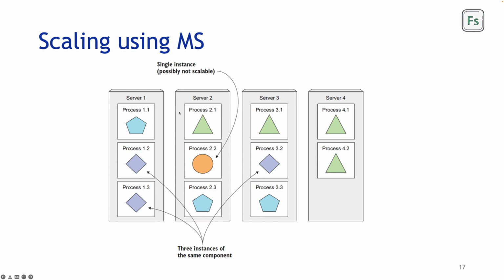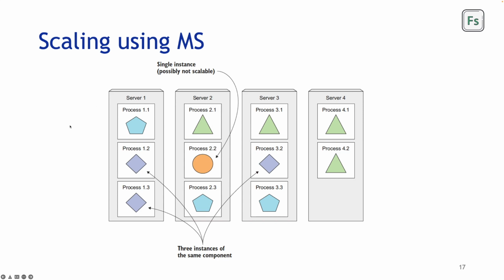So scaling, we have already discussed it. In terms of microservices, the scaling is such that, let's say on server 1 we can have one process of, let's say, Blue, and two processes of this, but in server 2 we can have them the way we want, we can scale them the way we want.